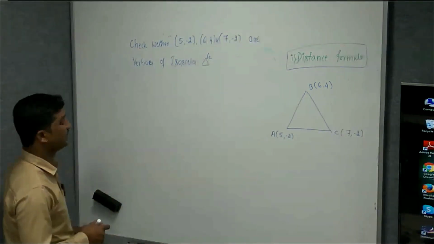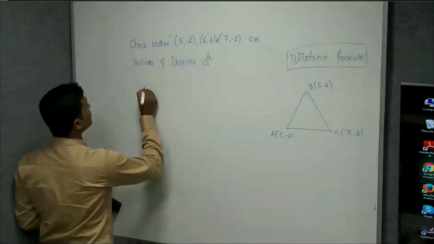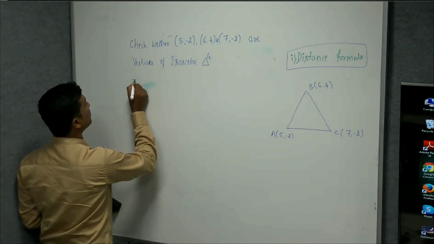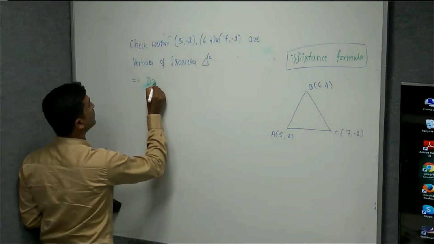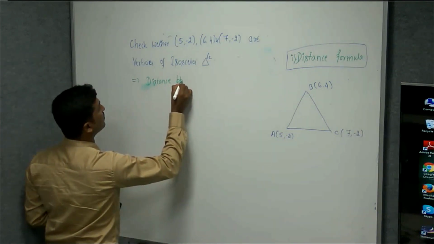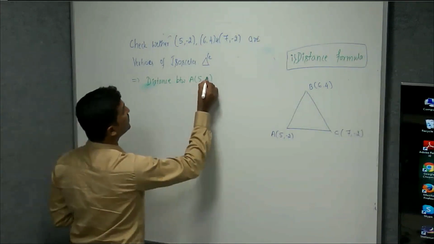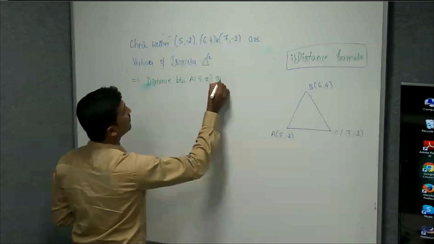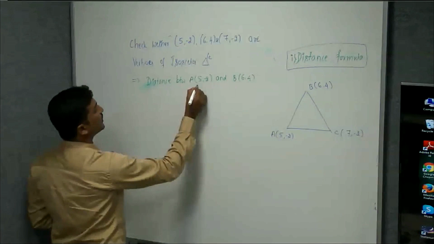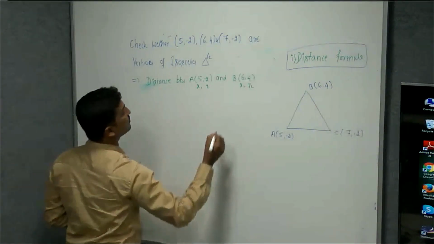Now we will find the distance between AB first. Distance between A (5, −2) and B (6, 4). Let us take these as (x1, y1), (x2, y2).